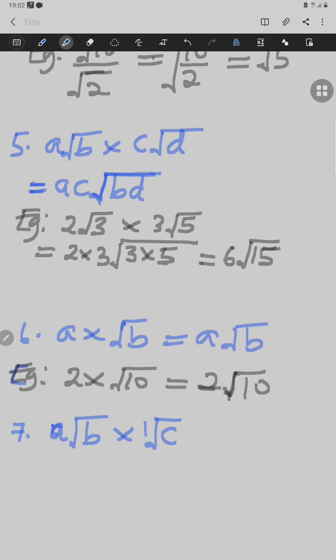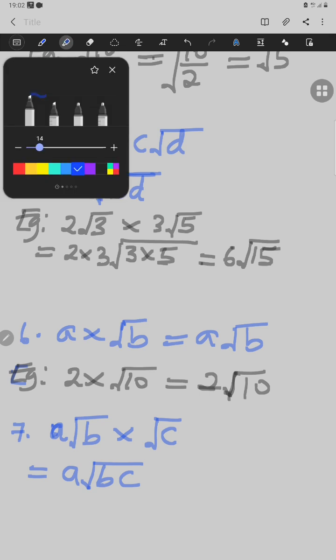There is 1 here, but we don't write it. It's hidden. Then we can multiply the ones out, just like applying the previous property. So you apply the same concept. It's going to be a times 1, and it's a. Then the radicands will multiply out to get root bc.